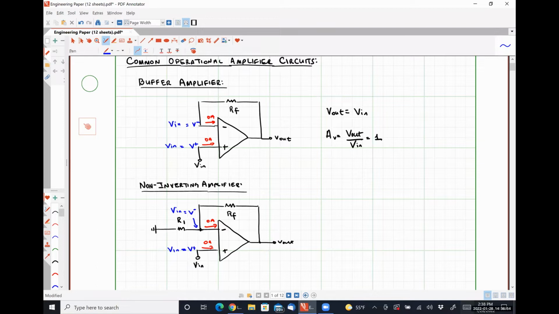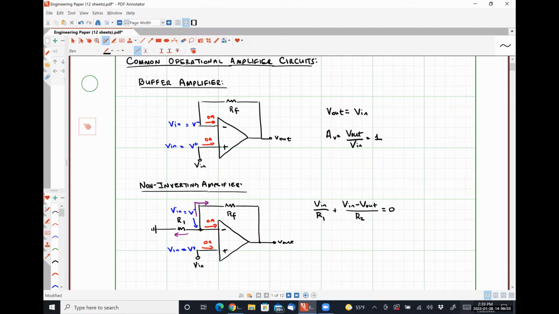Now I'm going to apply KCL at the inverting input terminal node. So I'm going to be adding together this current plus this current and setting them equal to 0. And what I'll find is I get Vin divided by R1 plus Vin minus V out divided by R2 is equal to 0.